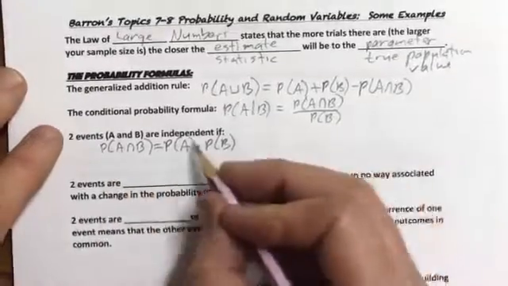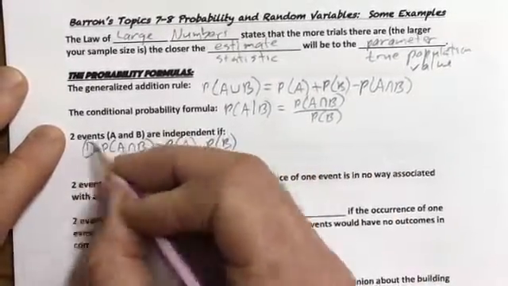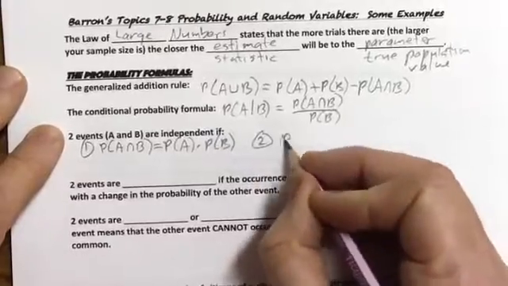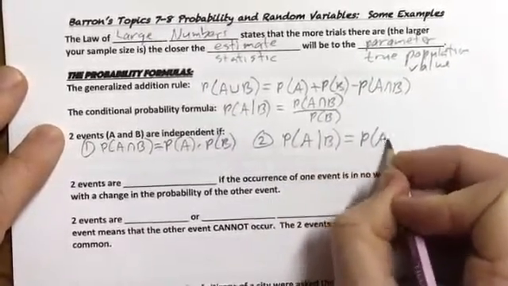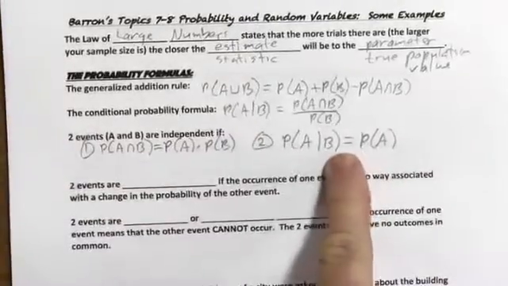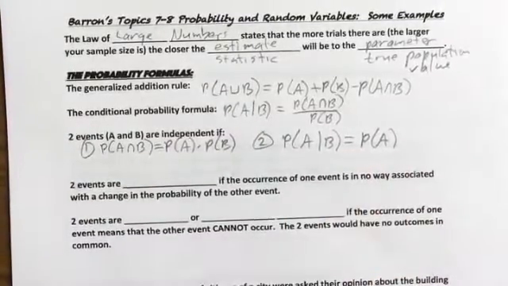The other way: if they're independent, the probability of A given B is just equal to the probability of A, because it doesn't matter whether B occurs or not, the probability of A would stay the same.